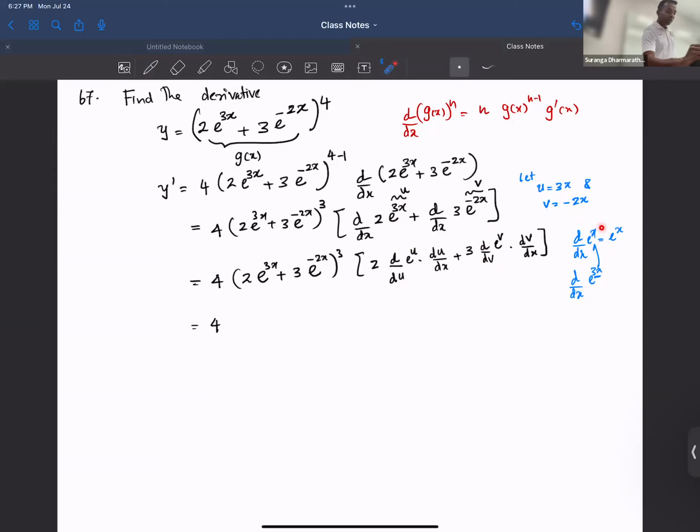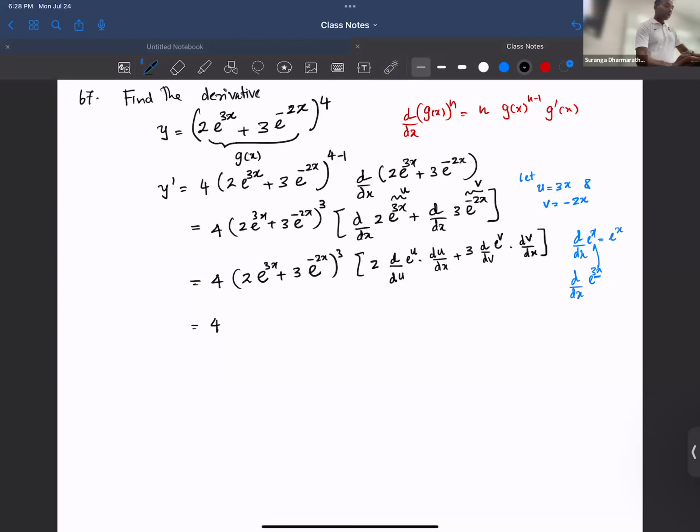You need to identify the derivative that you already know, and then you can make your function look like one of these. Does that make sense? If it doesn't make sense, let me know. I can explain it in a different way. Yes, Jason, can I explain differently?